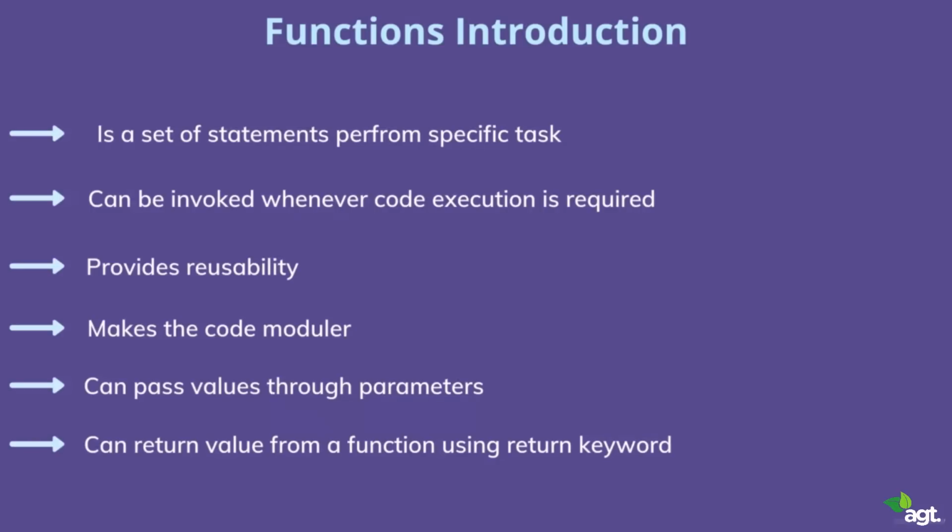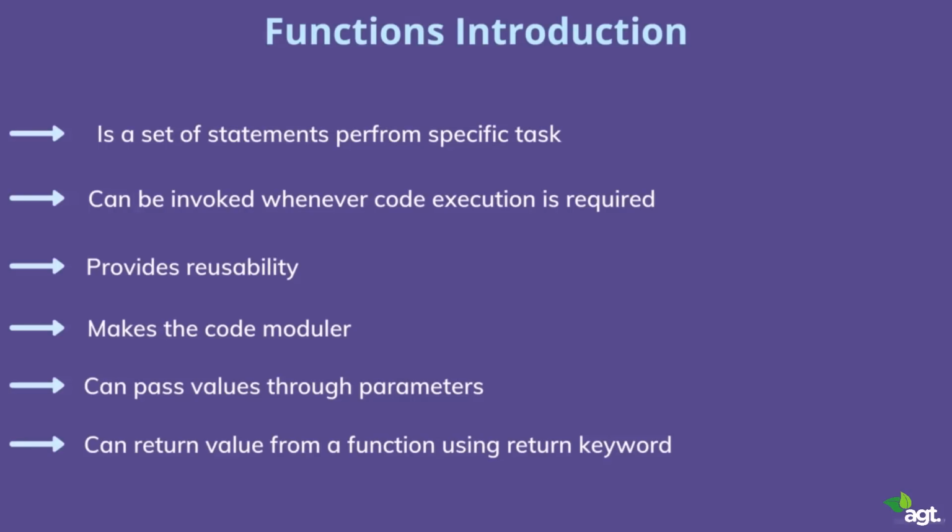Whenever I want to pass a value, I can pass it through parameters. While defining the function, I can define parameters as well, so that whenever I invoke it, I can supply some specific value from the calling environment.